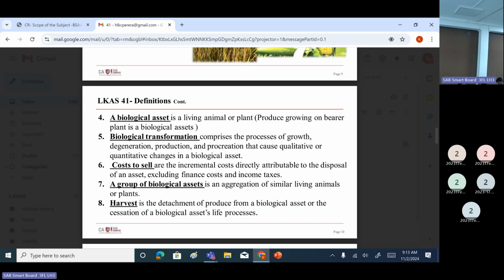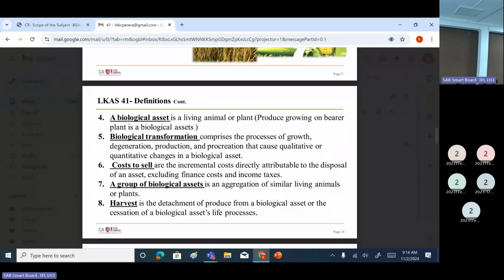Then, as at the reporting date, some of the trees don't have any harvest, we don't have fruits. Some of the trees have flowers and small harvest items. Some of the plants are ready to harvest.